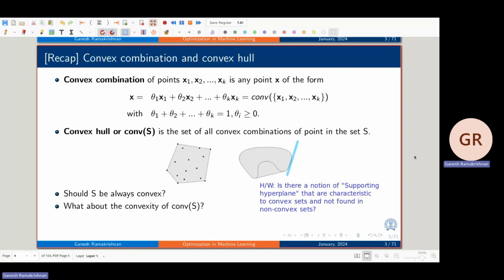And what should happen at any point x in the boundary of C? There should exist a supporting hyperplane, must exist.